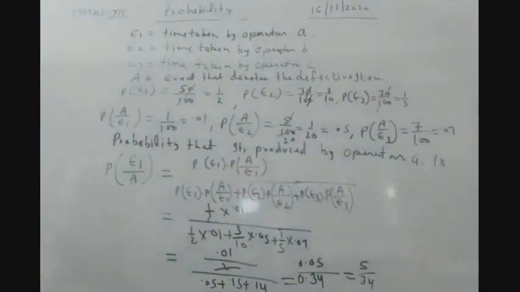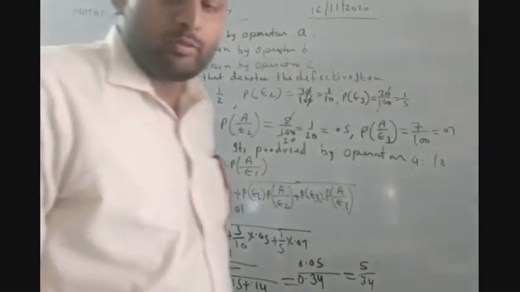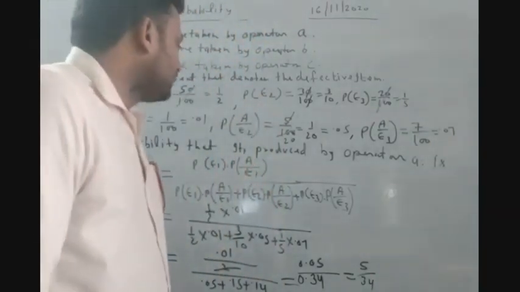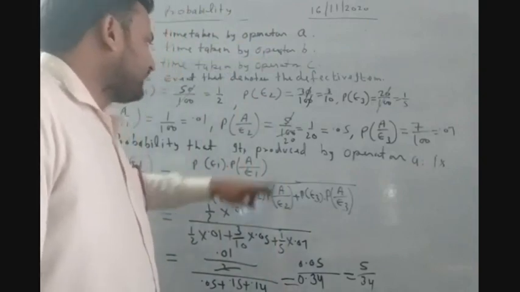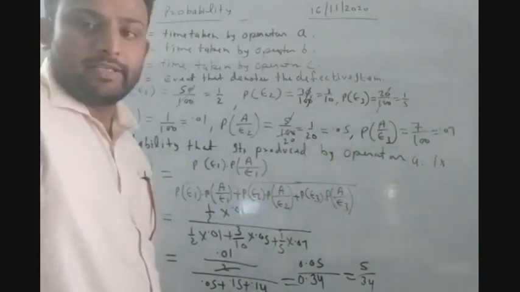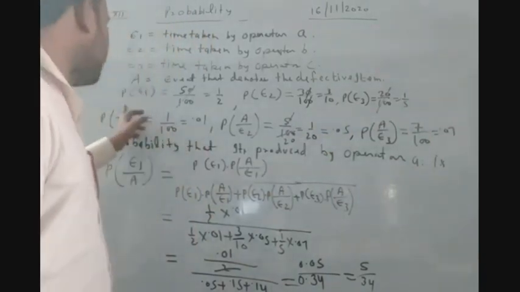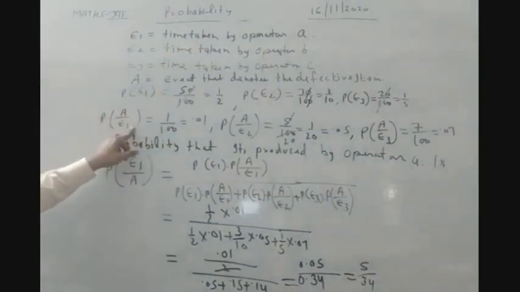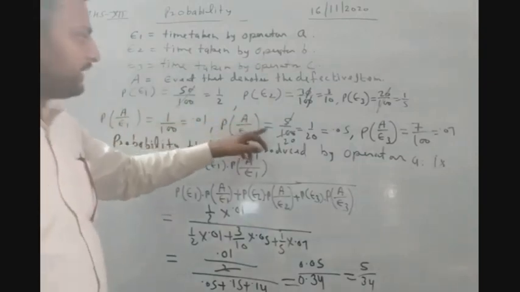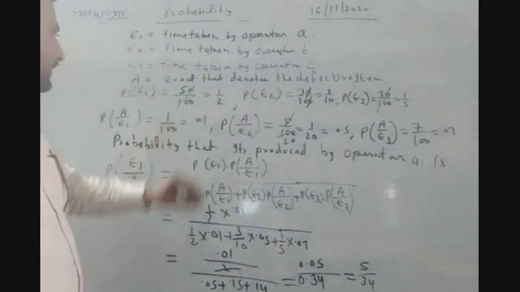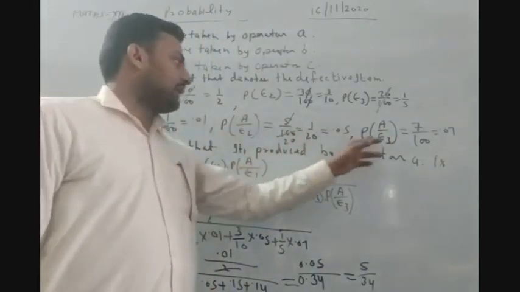Again we are given the probability of A by E1, that the operator A produces defective items 1%, operator B produces defective items 5%, similarly operator C also produces defective items 7%. So we write A by E1 which denotes the defective items by operator A, defective items by operator B, defective items by operator C. Okay, so we write 1 by 100, 0.01.